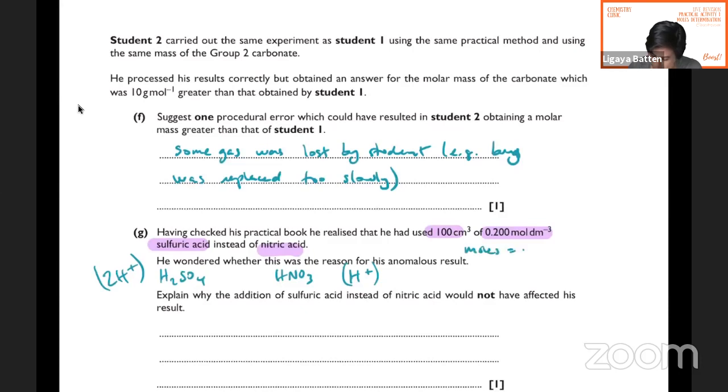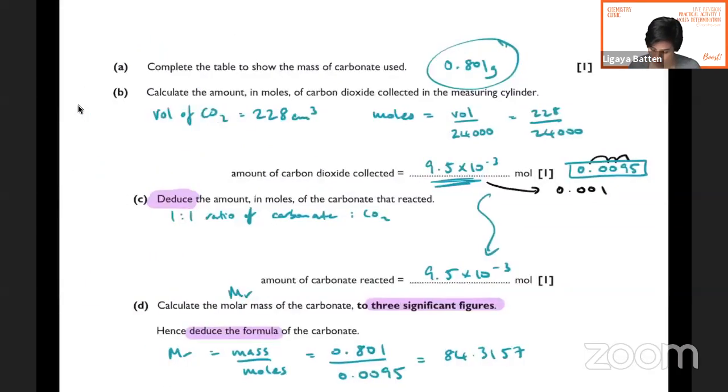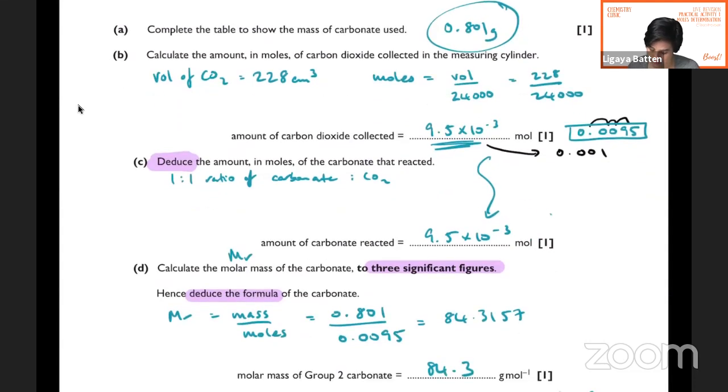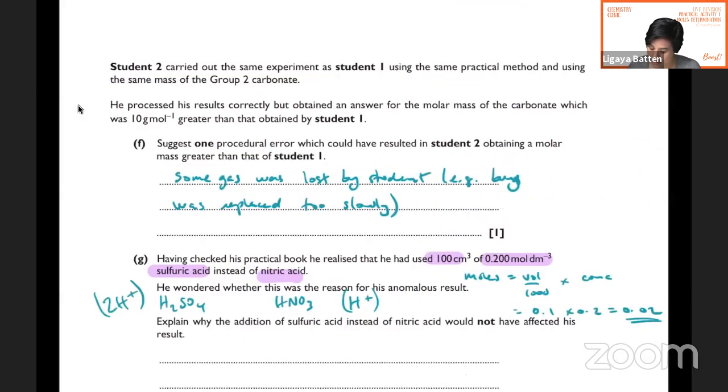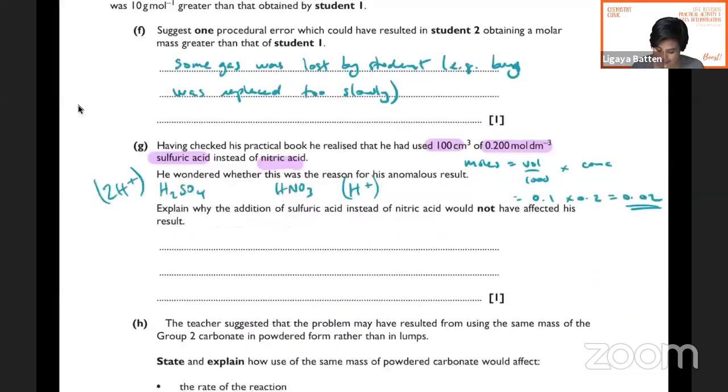Moles equals volume times concentration. And this is actually quite easy to work out. So it's 0.1 times 0.2, which is 0.02. Okay, so if this is how much acid we have compared to how much of the carbonate we had, which is this much here, 0.0095. So this tells us that we have way more acid than we need in order to fully react with the carbonate. So this means the acid was in excess.